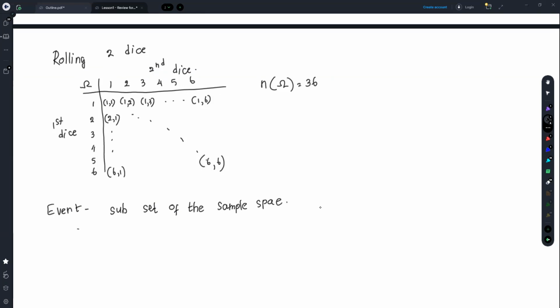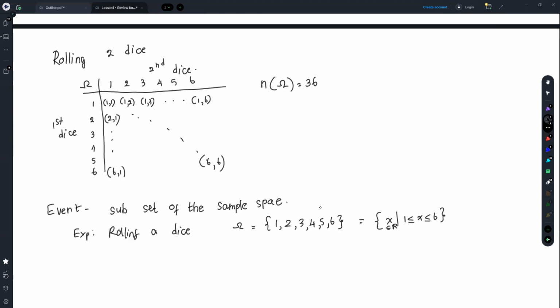So if you think about the experiment of rolling a dice, and now we know the sample space, there are several ways to write it. Another way is to write it such that x is between 1 and 6.